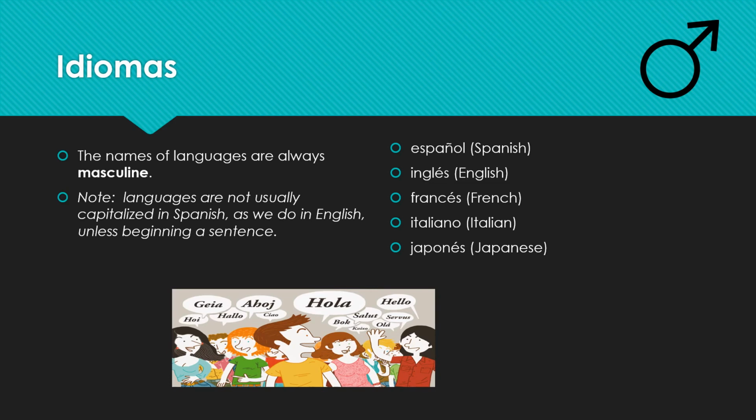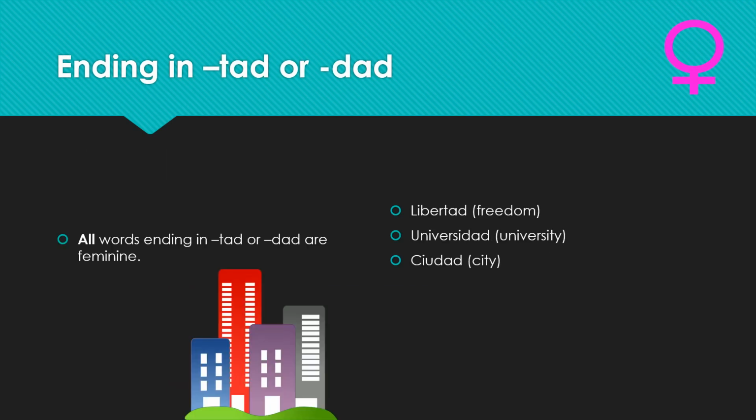In Spanish, for the most part, we do not capitalize the first letter in a language unless it's the first word of a sentence. So, for the most part, if you see español with a little e, it's not an error. It's meant to be that way. It's just a different way of doing things in Spanish.